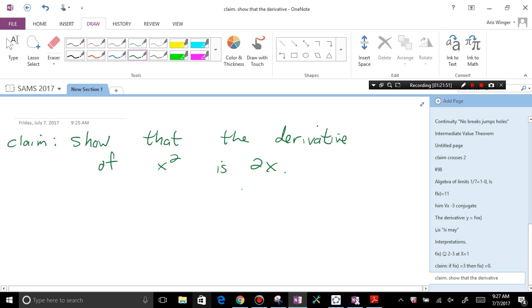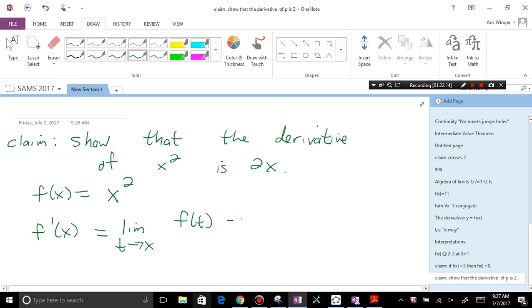Okay, so show that the derivative of x squared is 2x. Well, I'm going to call f of x squared. F of x is x squared. F prime of x is equal to the limit as t tends to x of f of t minus f of x all over t minus x.